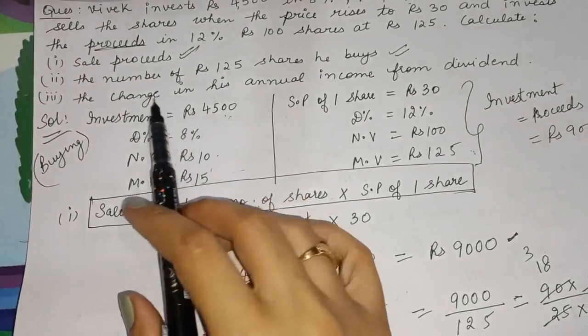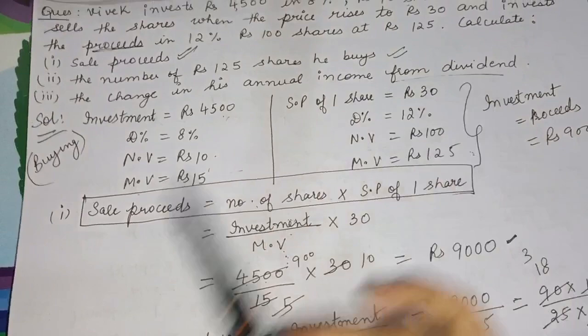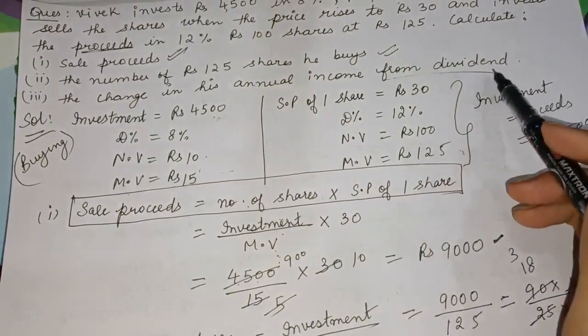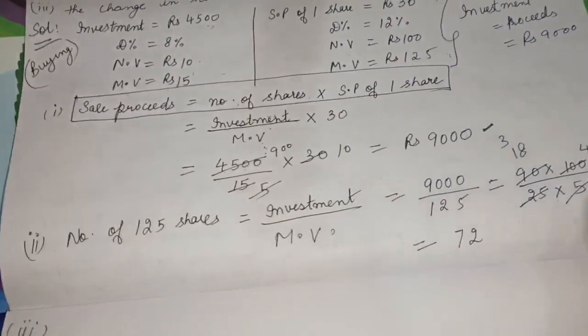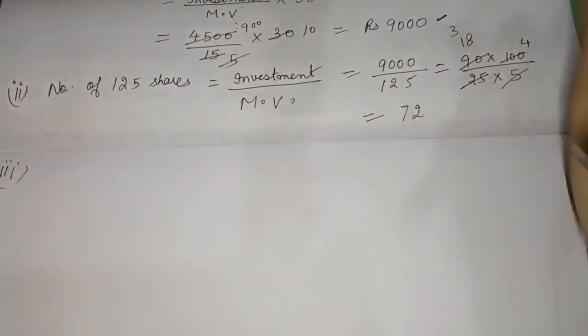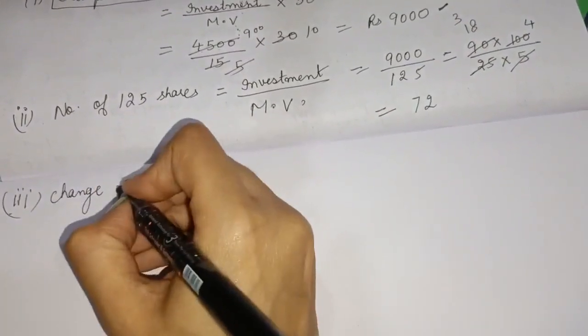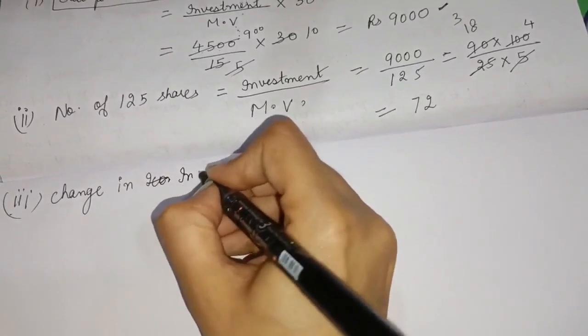In the third part of the question, they are asking for the change in his annual income from dividend. For that, first of all, what was the original income? For change, always remember the formula. Income or dividend means the same thing.